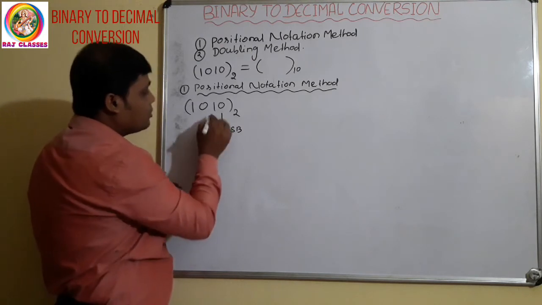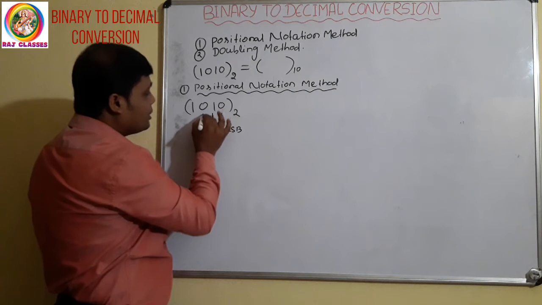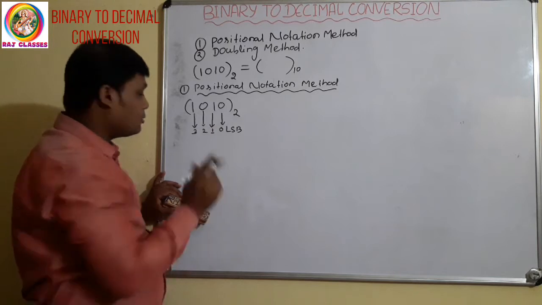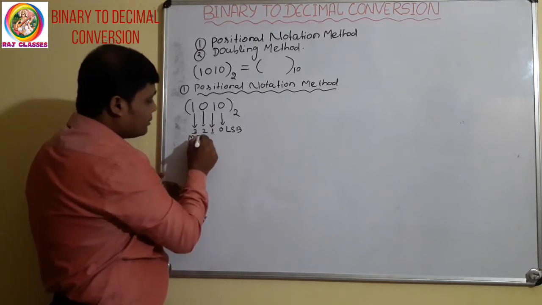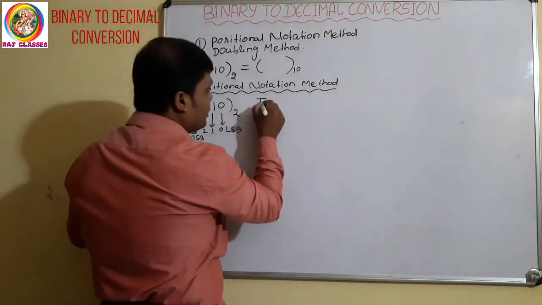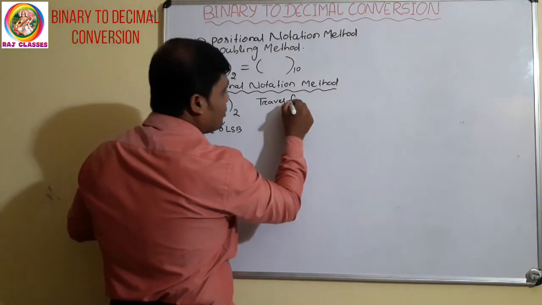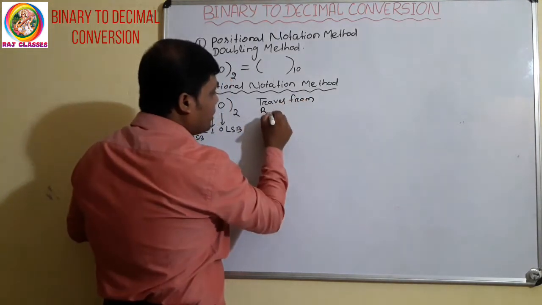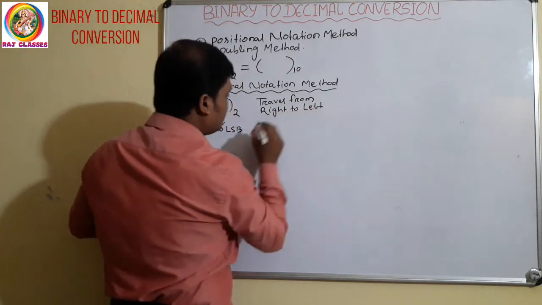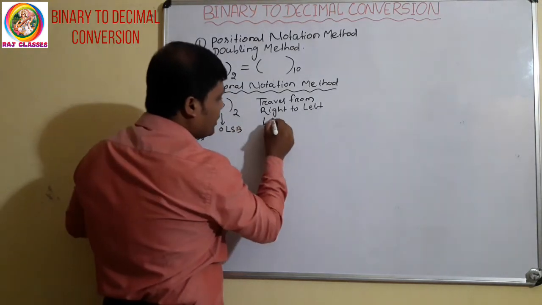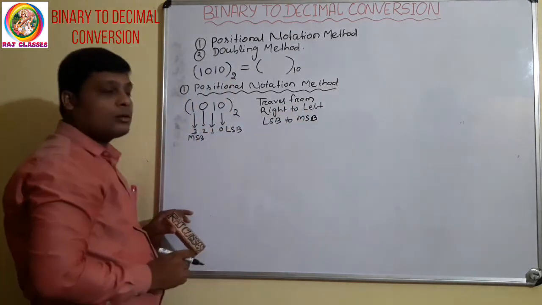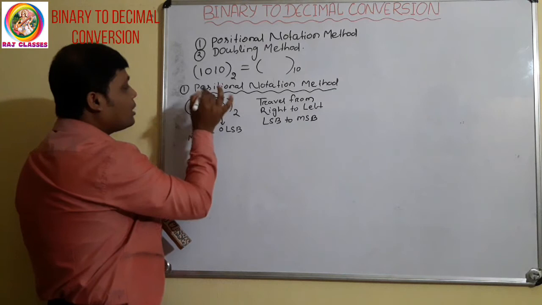This is position 0, this is position 1, this is position 2, this is position 3. Clear? And this is the MSB. In the positional notation method, we have to travel from right to left, that means from LSB to MSB. Clear? Right to left we have to travel.